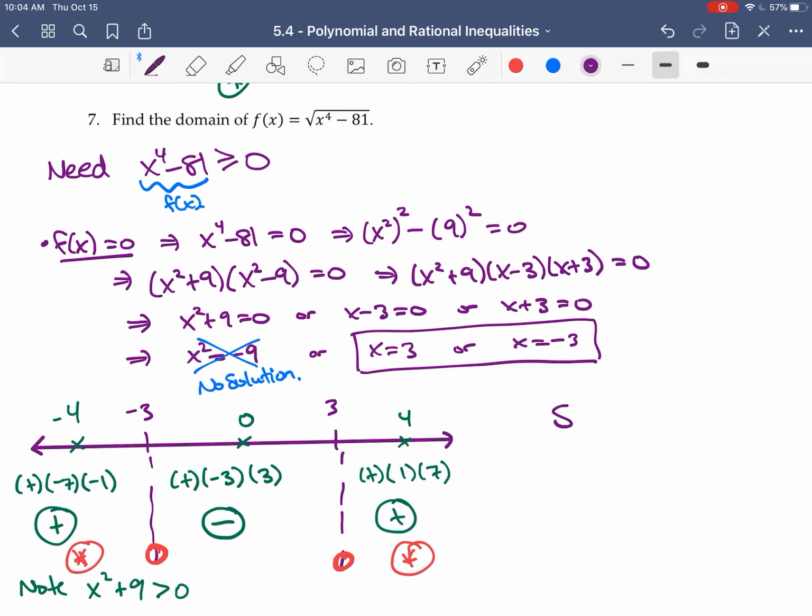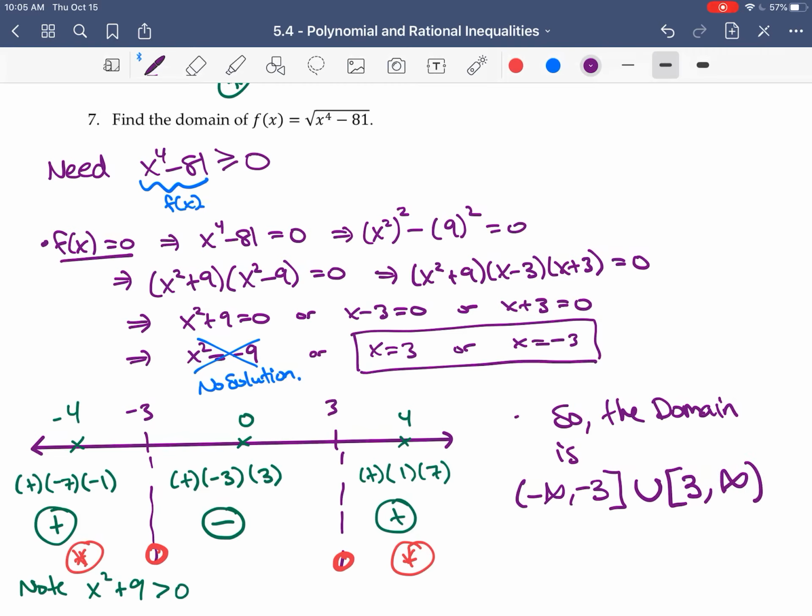So the domain is, I shouldn't have called it f of x actually, because the original function is called f of x, but I'll switch that in a moment. So the domain is going to be, in interval notation, -∞ to -3, including -3, because the square root of 0 is 0. Okay, so you can evaluate it at -3, and then including 3 to infinity.